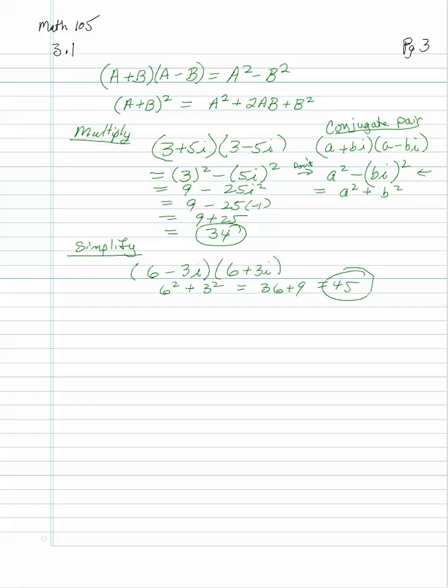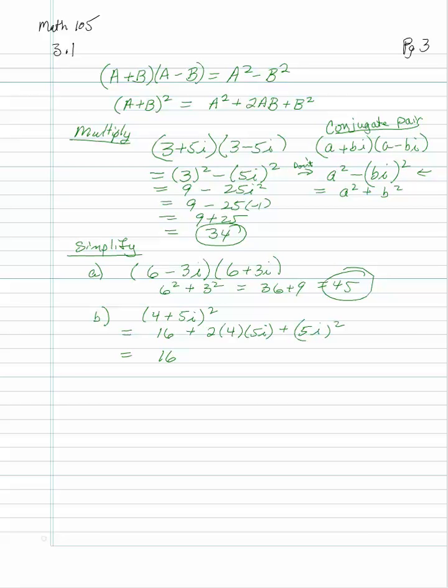Okay, so that's conjugate. And then if I square something, 4 plus 5i squared, that's going to give me 16 plus 2 times 4 times 5i plus 5i squared.